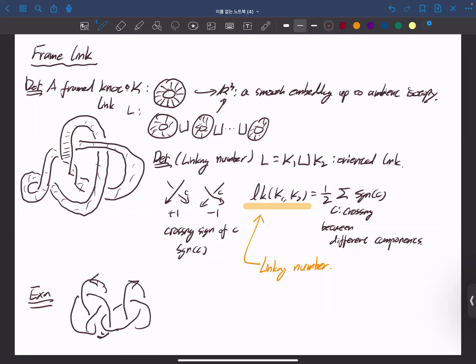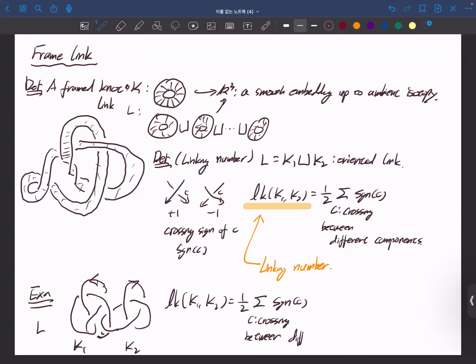We have such a two-component link, K1 and K2, totally L. Then the linking number of K1, K2 is 1/2 the sum of the crossing signs of crossings between different components.